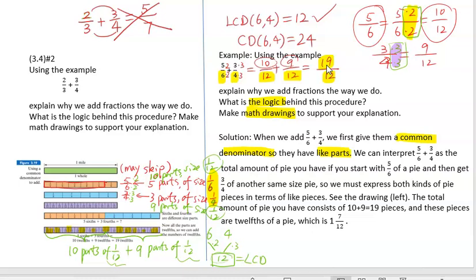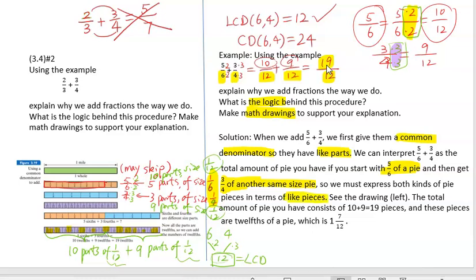Secondly, how do we explain the process of adding? You can use, for example, 5/6 of a pie, and then we get another 3/4 of the same size pie, or pizza. You can use pizza. So now we are going to convert them to like pieces, as seen in the drawing.